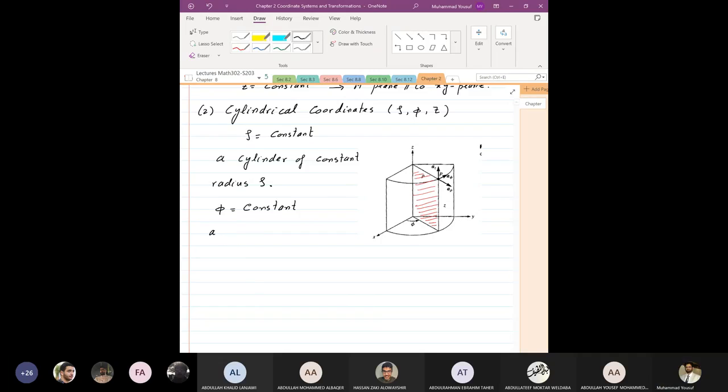We say it is a semi-plane with the edge on the z-axis, and making a constant angle phi with the xz plane, because phi is constant.